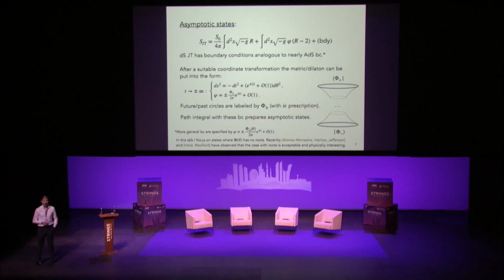So these states are labeled by big phis. And as I'll mention in a little bit, they come with an i epsilon prescription that I'll explain. And these states that I'm describing, I'm going to call them asymptotic states, because they're prepared at asymptotically early or late times. And there's also a footnote here that I'll talk more about by the end.